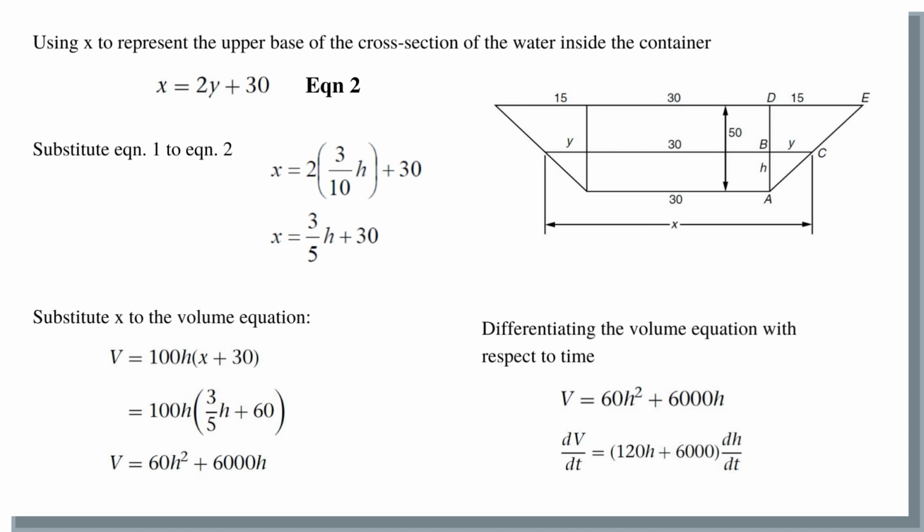Differentiating the volume equation with respect to time would give us dV over dt equal to the sum of the quantities 120h plus 6000 multiplied by dh over dt. So here, we eliminate the possibility of having dx over dt.